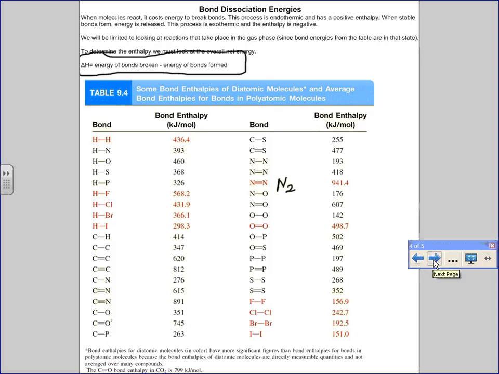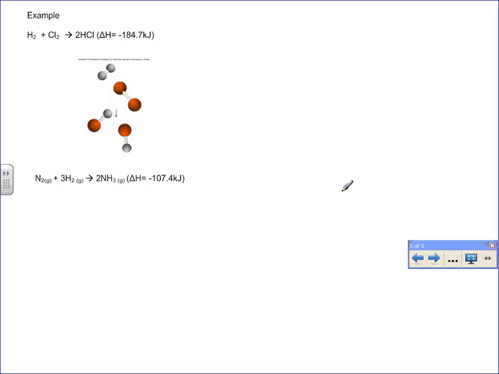Let's look at some examples of how we would calculate delta H. This first reaction, we've got H2 plus Cl2 going to 2HCl. I'll put a diagram of the molecules here, because it's important that you visualize the molecules or draw structures so you know which bonds are being broken, which bonds are being formed, and how many of each.